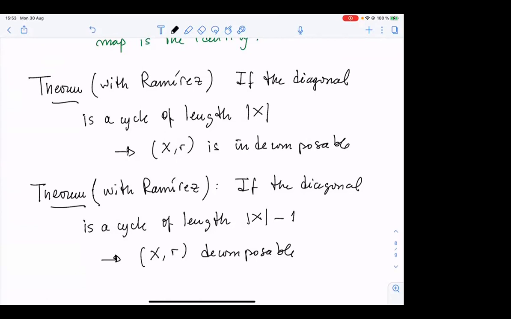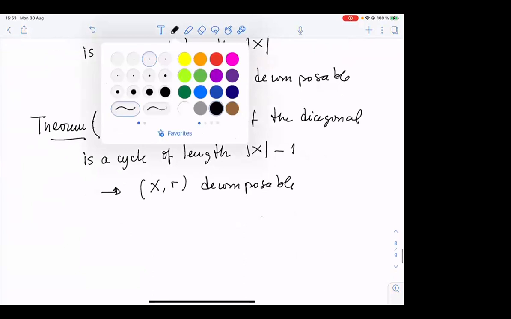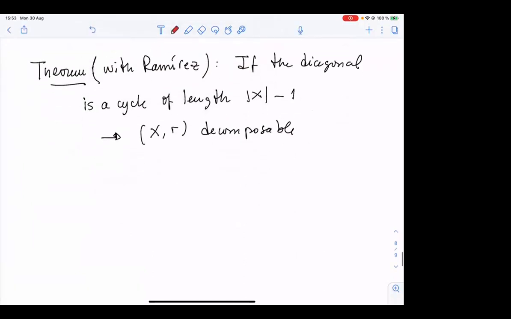Let me see. Again, another problem that I could mention here. The first one is, again, the number of indecomposable solutions is quite small.